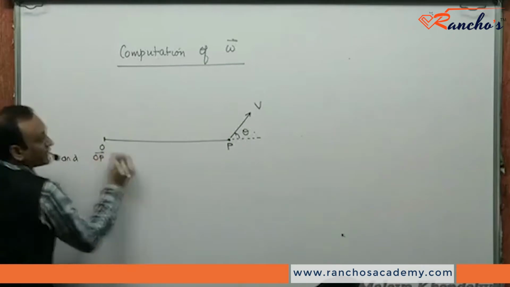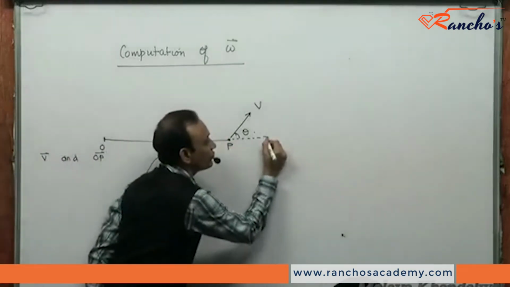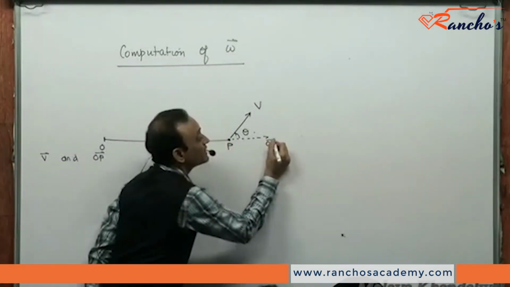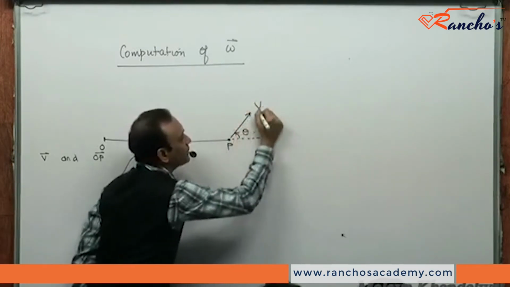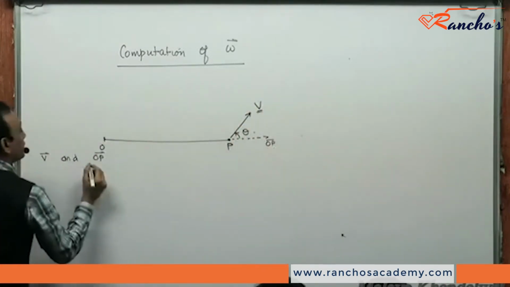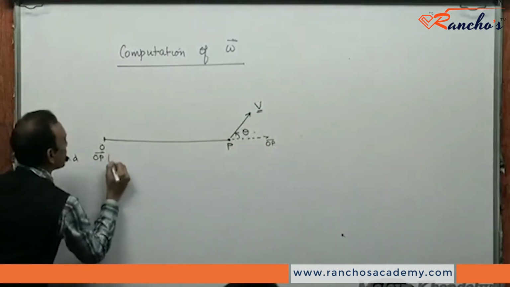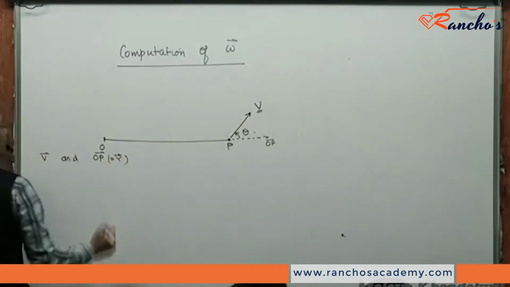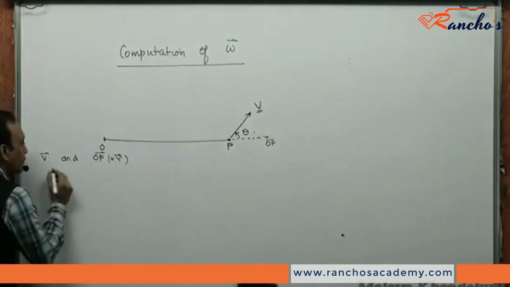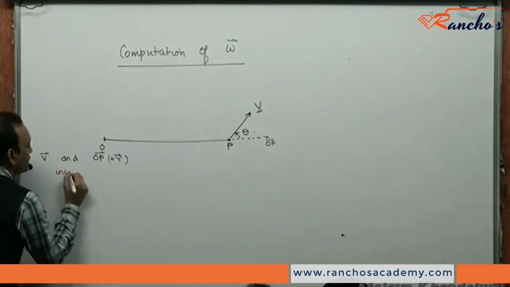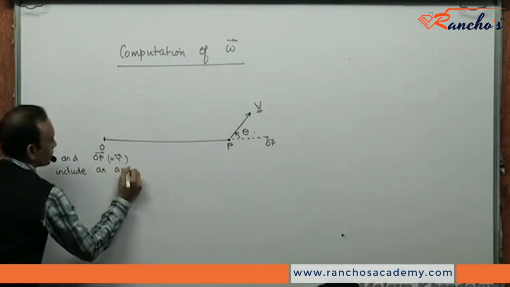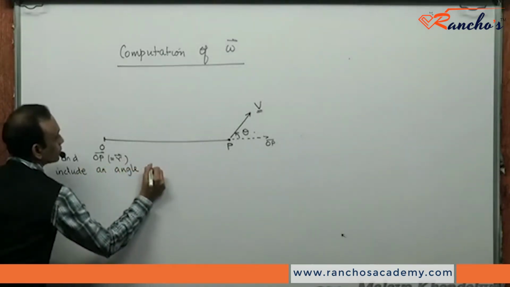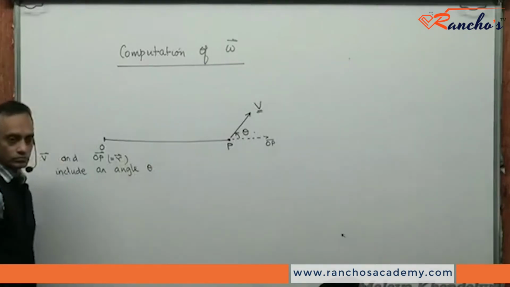The direction of the vector OP is like this. The direction of the velocity vector is like this. What is theta? Theta is the angle between V and OP. OP is my position vector R. Theta is shown.